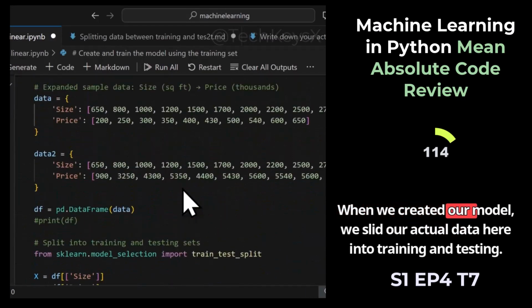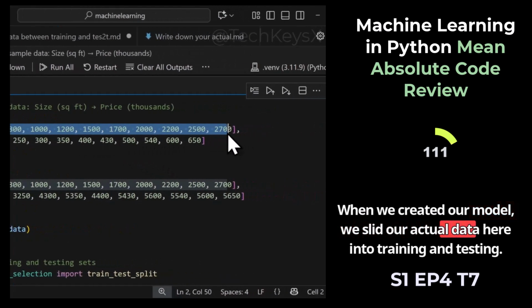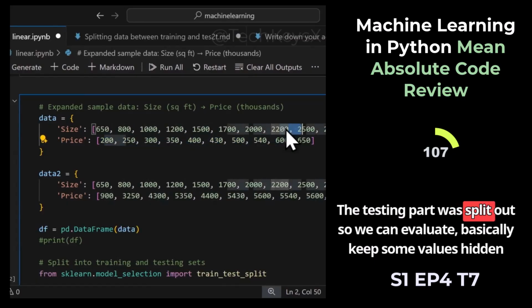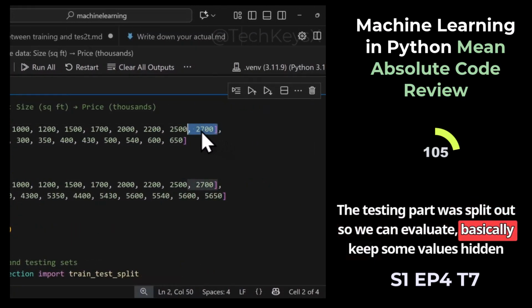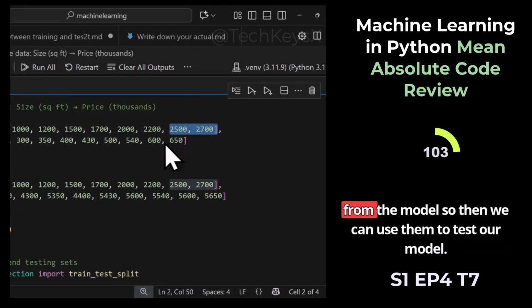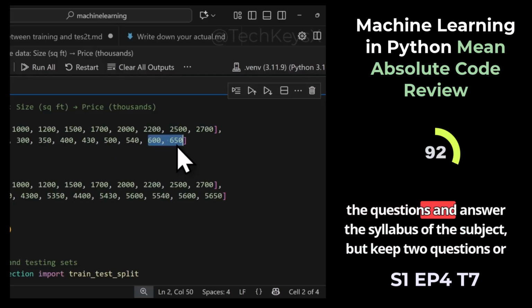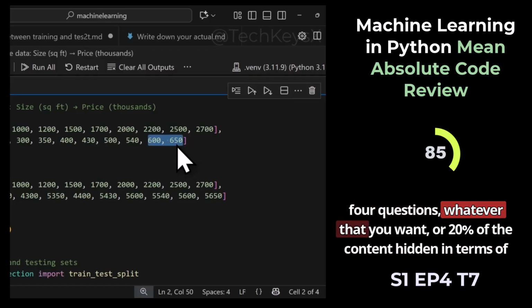When we created our model, we split our actual data here into training and testing. The testing part was split out so we can evaluate, basically keep some values hidden from the model, so then we can use them to test our model. So basically, if you were to get a student to study, maybe you can give them all the questions and answers of the syllabus of the subject, but keep 2 questions or 4 questions, whatever that you want, or 20% of the content hidden.